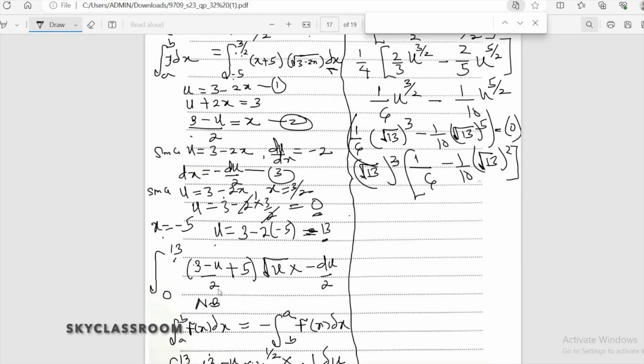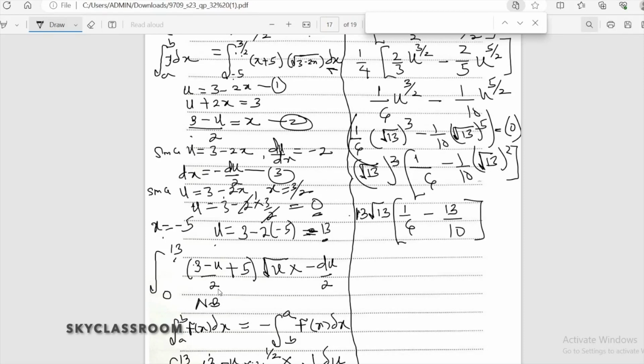I believe I'm making sense. Sorry about my writing. Root 13 cube, if you use your calculator, will give us 13 root 13 is 1 over 6 minus root 13 square is 13, so we have 13 over 10.